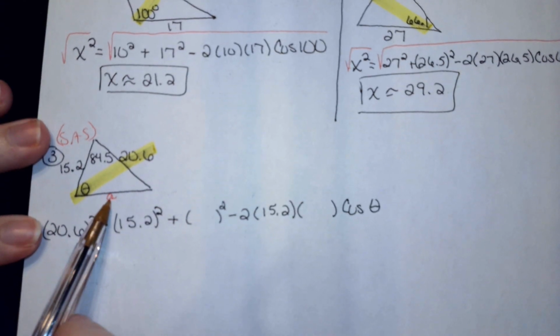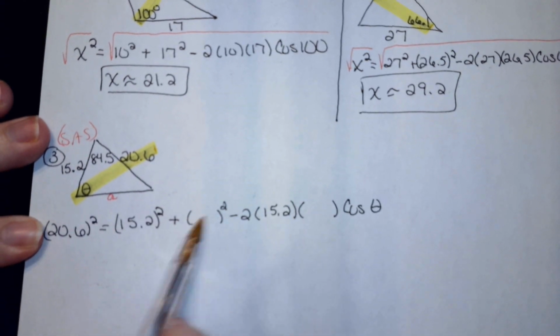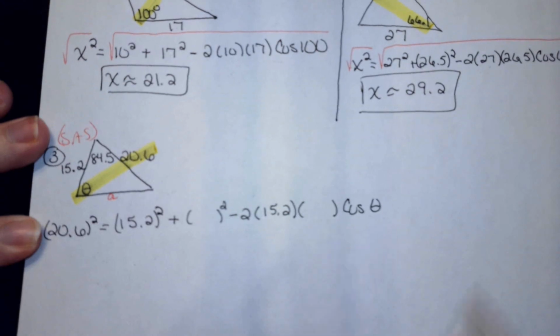Alright, once we find A, then I can substitute into these two pieces right here, and I would only have one unknown.